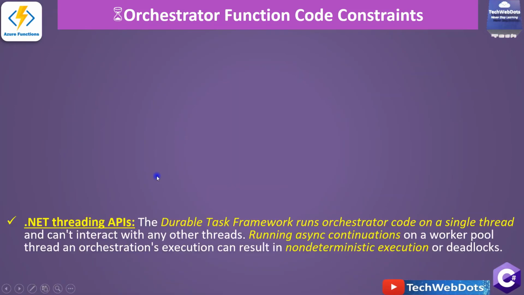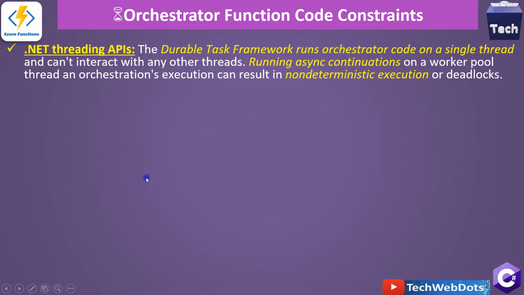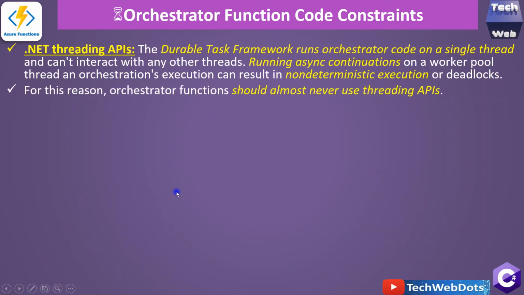There are a few more points, like the .NET threading API. The durable task framework runs orchestrator code in a single thread. Okay, remember, single thread, and it can't interact with any other thread. Running async continuations on a worker pool thread, an orchestrator's execution can result in non-deterministic execution or deadlock.